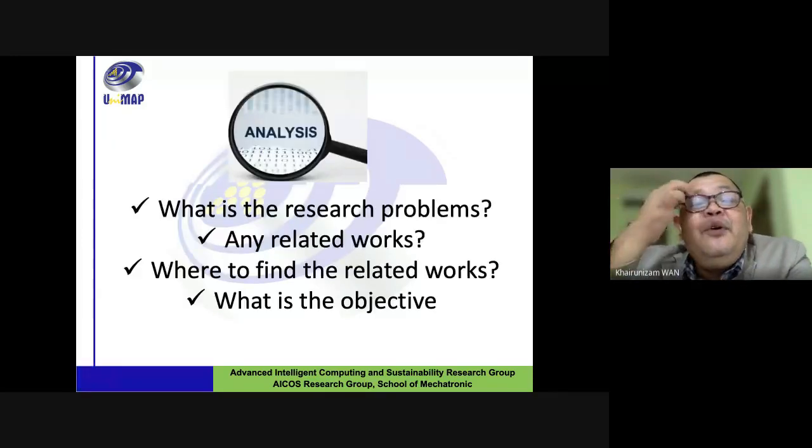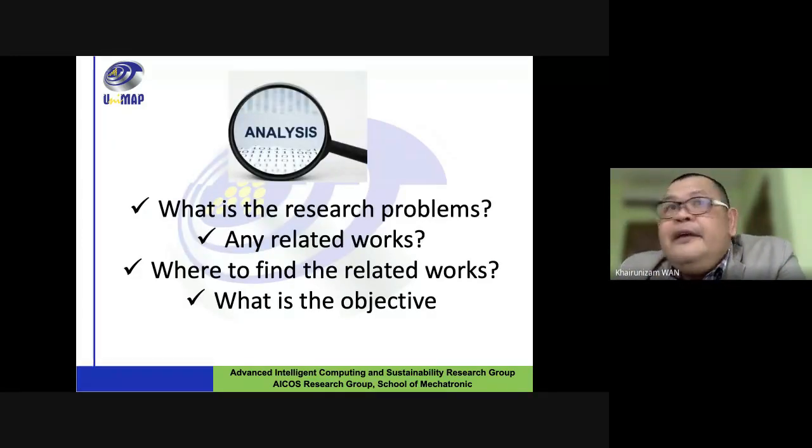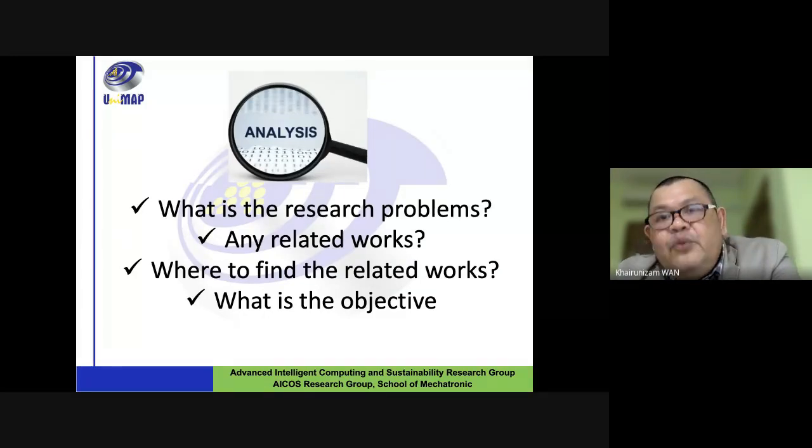Okay, now we go one by one to the analysis space. In the analysis space, first, the question is, what is the research problem? We need to have a research problem to solve. And how to identify the research problem? You have to do the literature search and the literature review.